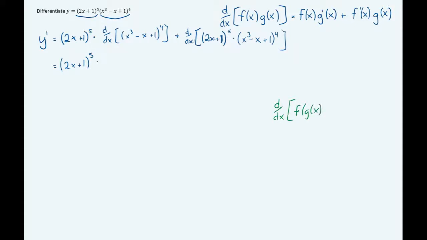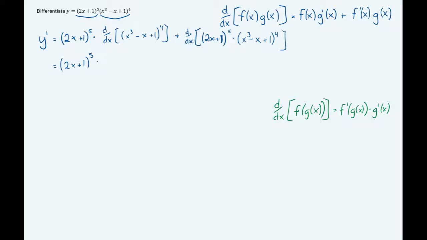When you have a function inside a function, that is equal to the derivative of the outside function evaluated at the inner function times the derivative of the inner function.